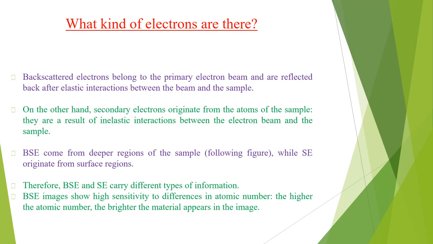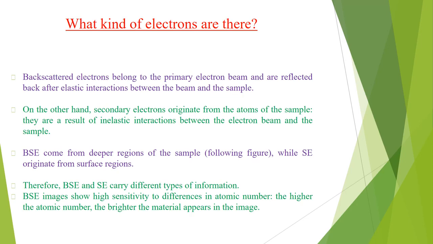In the case of the scanning electron microscope, the two types of electrons used for imaging are the backscattered (BSE) electrons and the secondary electrons. The backscattered electrons belong to the primary electron beam and are reflected back after elastic interaction between the beam and the sample.